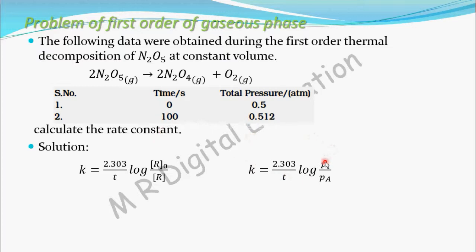Now you have to know the initial pressure of N2O5 and the pressure of N2O5 after 100 seconds. See what he has given. He has given initial total pressure. This initial total pressure will be the initial pressure of N2O5 at the beginning of the reaction, because at the beginning of the reaction pressure will be with respect to N2O5 only.